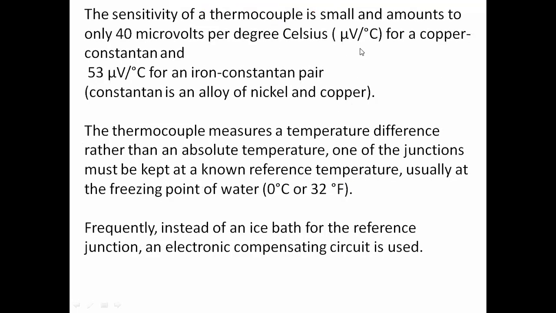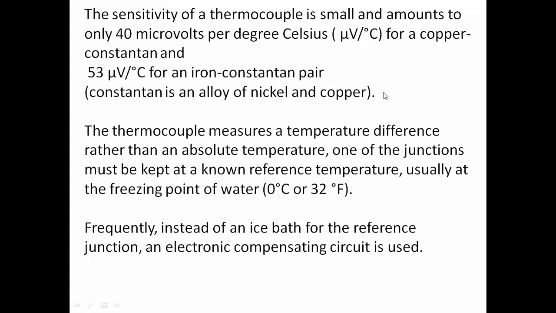Generally the output of the thermocouple is very small, in terms of microvolts per degree Celsius. Here it is 40 microvolts per degree Celsius that we can obtain for copper and Constantan. So copper and Constantan is used as a thermocouple.